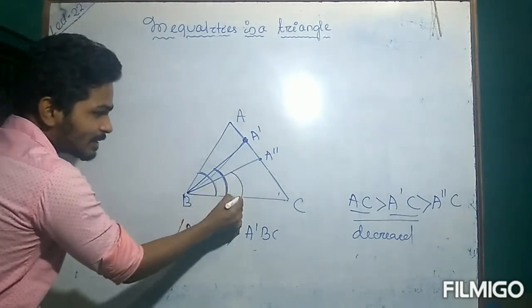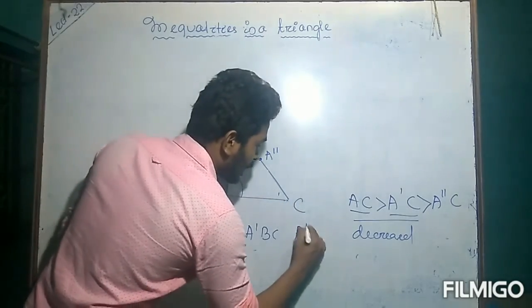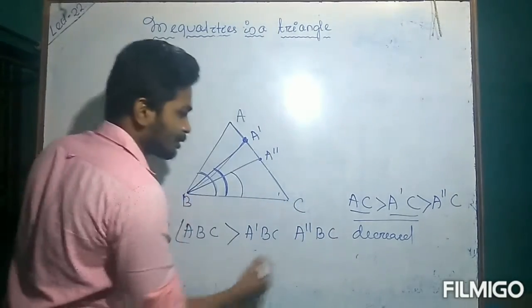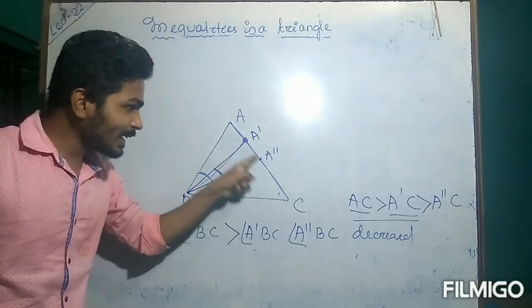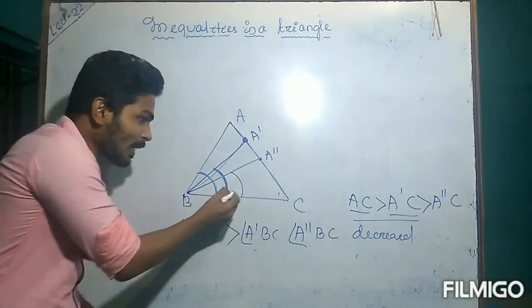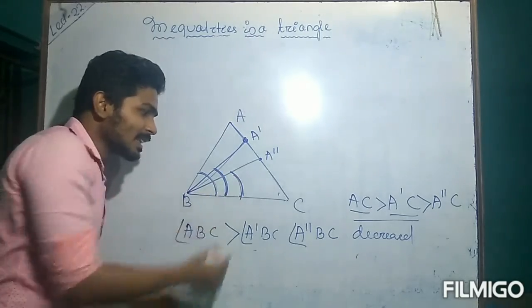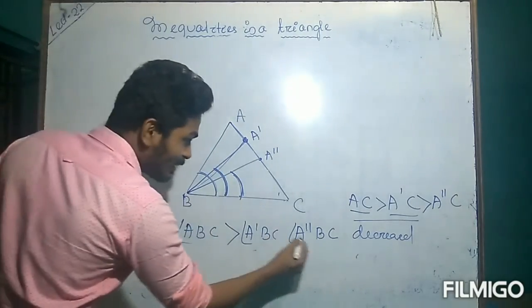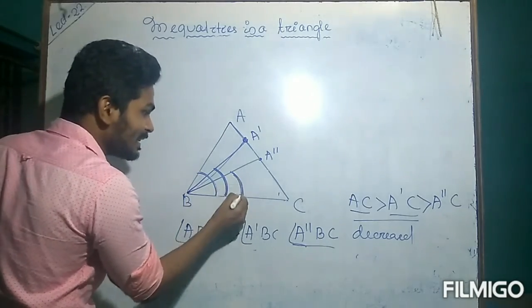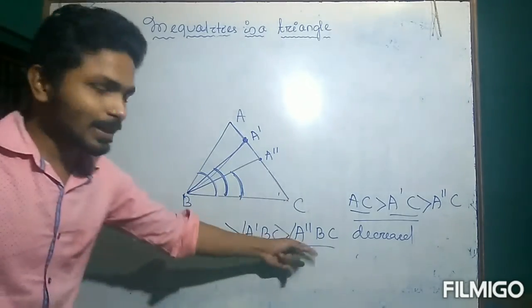Now the angle becomes A double dash BC. Now tell me, here if I decrease the length of the side AC, then what happens to this angle? Initially the angle is this, but now the angle is this. Then the angle is finally decreased. So here also the angle A double dash BC is always less than this angle.